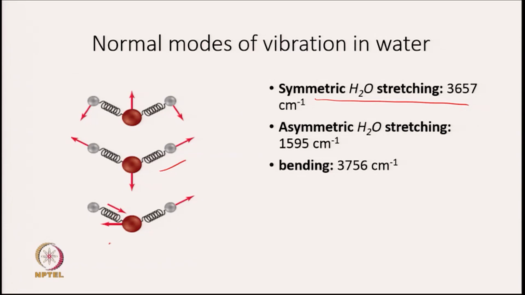Then you have asymmetric H2O stretching, which means one bond is going in one direction, then the movement of the other bond will not be symmetric, it will be just in the opposite direction, and this has a vibration around 3756 centimeter inverse. The last one is the bending vibration, and that happens around 1595 centimeter inverse.